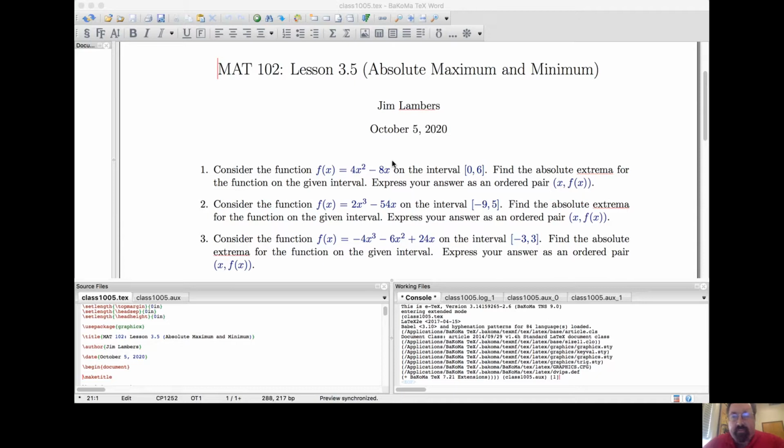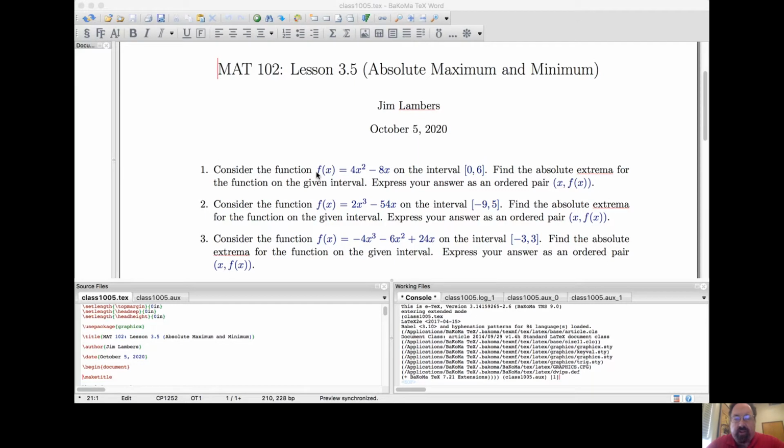Here, when you find a local maximum or minimum, the function could still have a larger or smaller value. Like if you find a local maximum, that doesn't rule out the function being greater elsewhere. It's just local near that point.